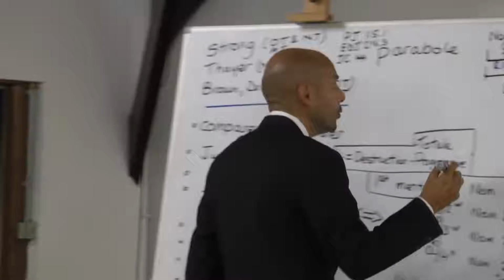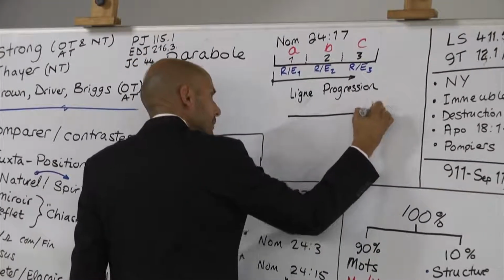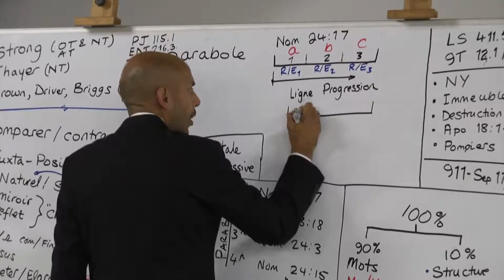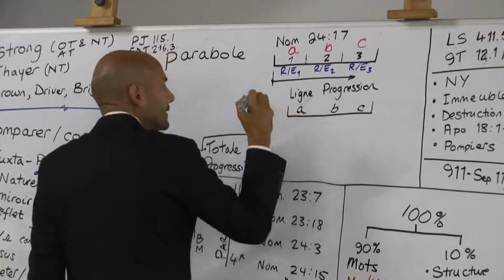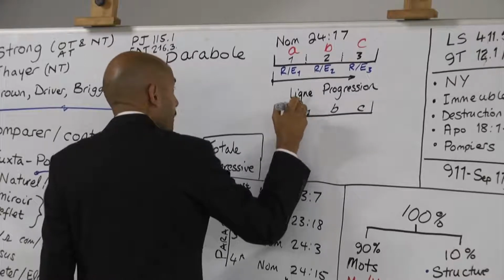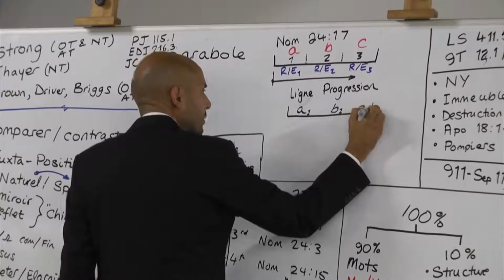So what we can do is take this verse in its 3 parts: part A, B and C. Part A is the first part, B would be 1, C would be 1.